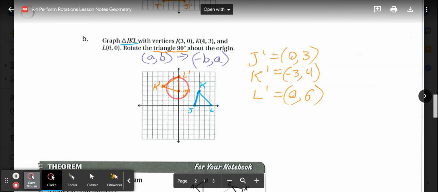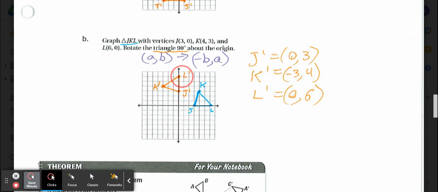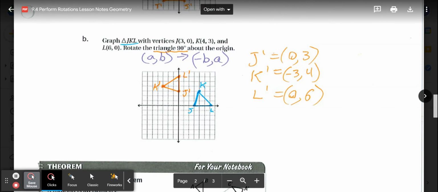J prime up 3, L prime up 6, K prime left 3, up 4. Connect our vertices, and we have now rotated our original triangle 90 degrees.